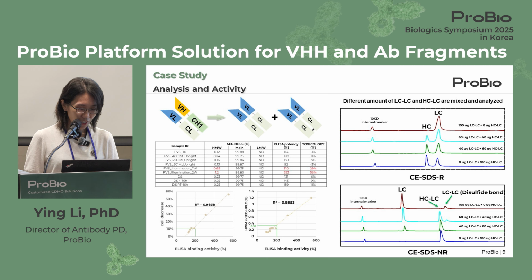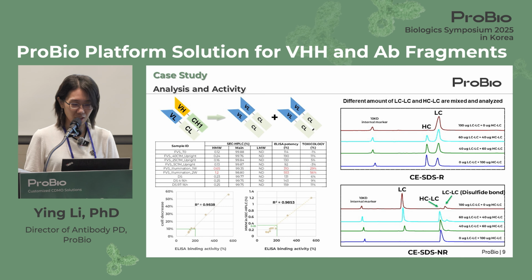If we have high molecular weight species at a very low level, even at less than 1%, there's a significant increase in the ELISA binding activity. And this enhanced ELISA binding activity is correlated to the toxic aspect of this molecule.